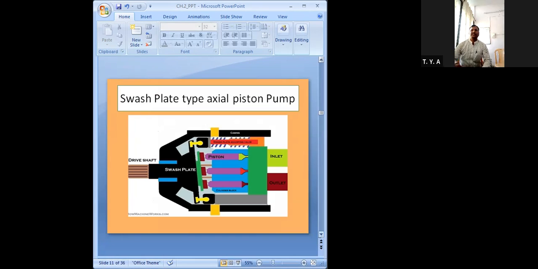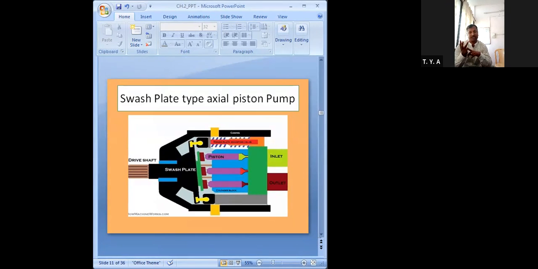Now let us move towards another type of piston pump, that is the axial piston pump. But before going to the axial piston pump, let me tell you one thing: these piston pumps are available with different capacities, like the discharge pressure.